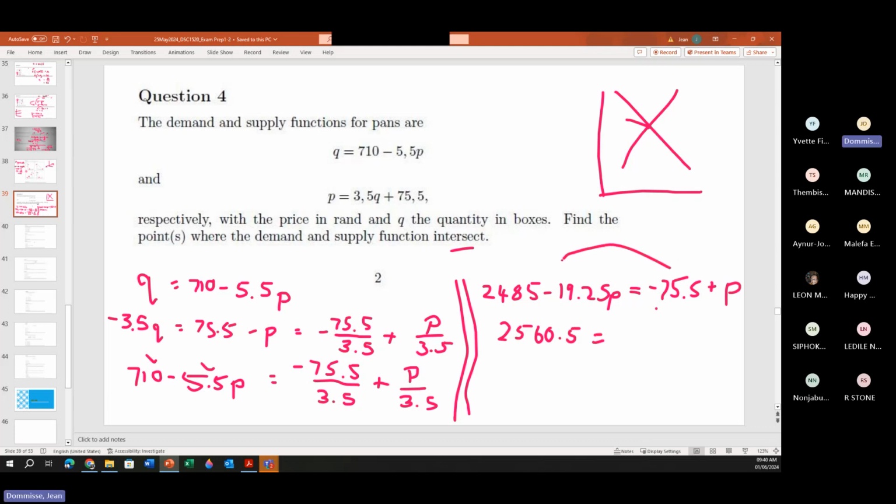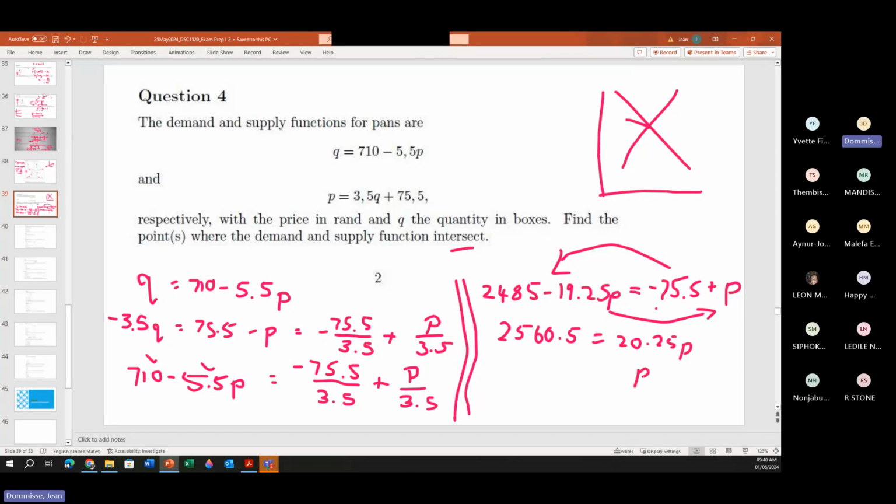So that went over to that side, that went over to that side. So that becomes plus. So 19.25 plus 1 is 20.25p.